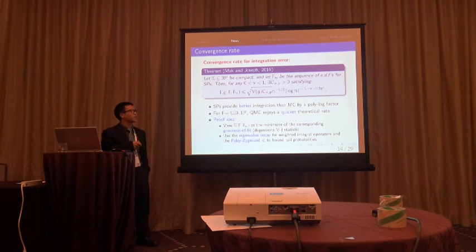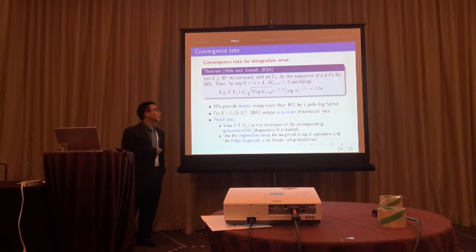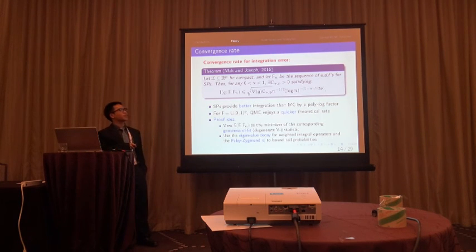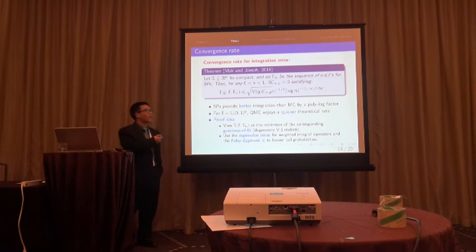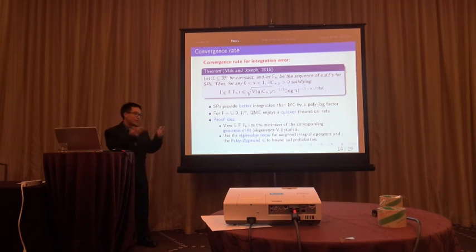So it's better integration than Monte Carlo by a polylog factor. For the specific case of the uniform distribution, QMC, which is a deterministic sample, enjoys a quicker convergence rate. However, the point of all of this is not for the uniform distribution, right? It's for any distribution, and I'll show you that later. And in practice, our points perform much better than Monte Carlo and quasi-Monte Carlo.